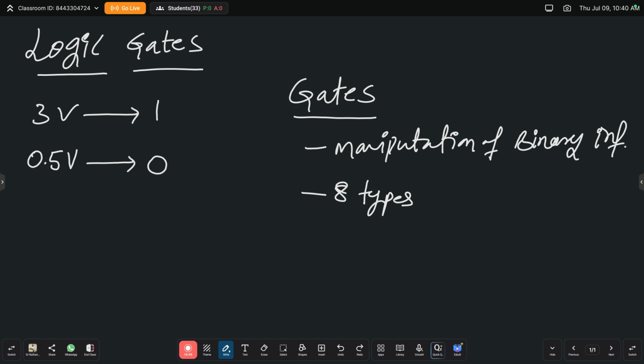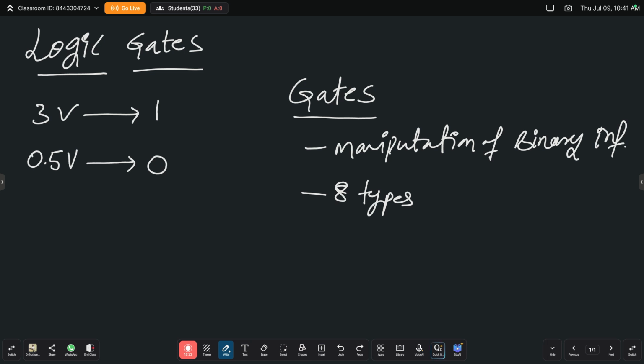What do you need to remember? Whenever you want to remember one gate, what are the components you should remember? First one, the graphic representation of the gate. Second, the algebraic expression. Third, the operation of that gate. Fourth, the tabular format of the gate.